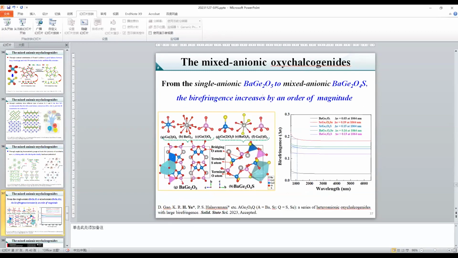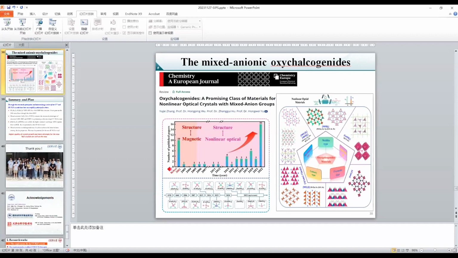And we discover that from the single anion compound to the mixed anion compound, the birefringence can be greatly increased. And we also wrote a review paper about oxychalcogenides and their application in nonlinear optical materials.